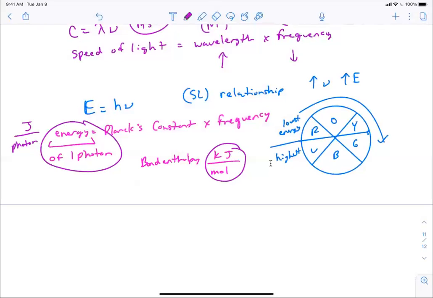And then you can use Planck's constant and frequency to figure out the frequency, and then you could use frequency to solve for the wavelength. But that's the big mistake that students make. They forget to convert the energy per one photon for this equation.